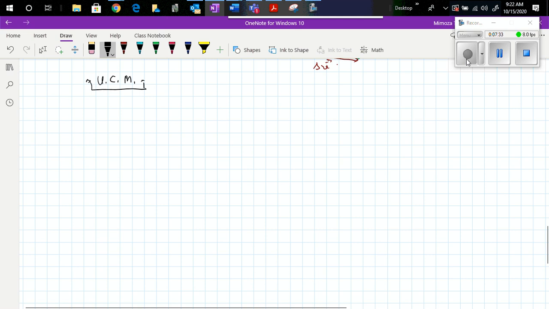And now let's see what is happening with the acceleration. So let's suppose that we have this as a circle, and now the object is moving clockwise.